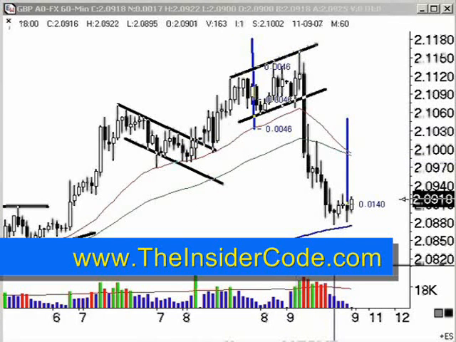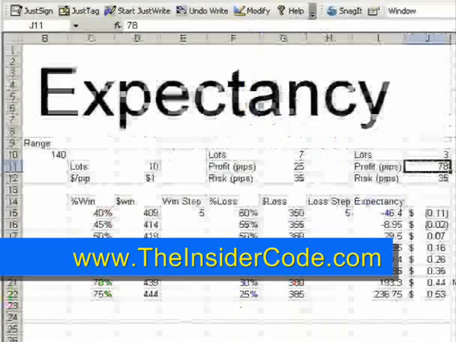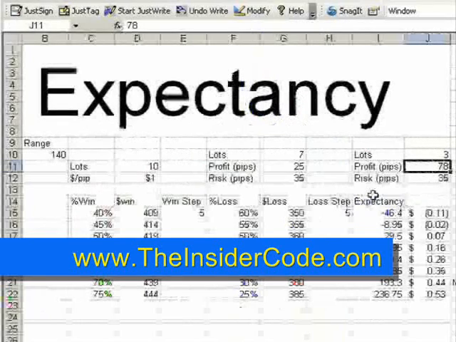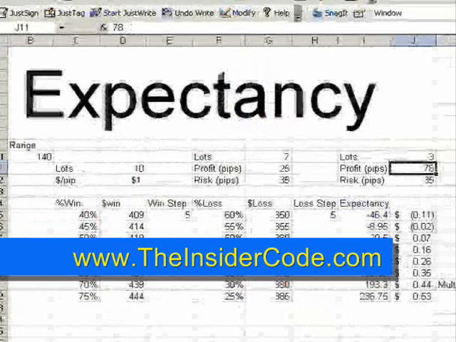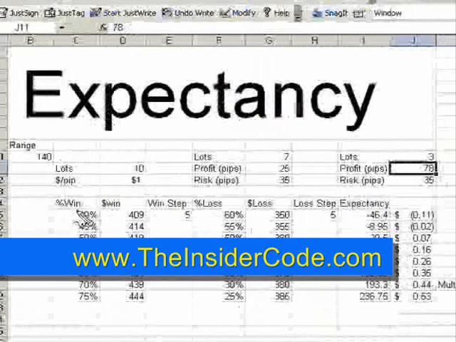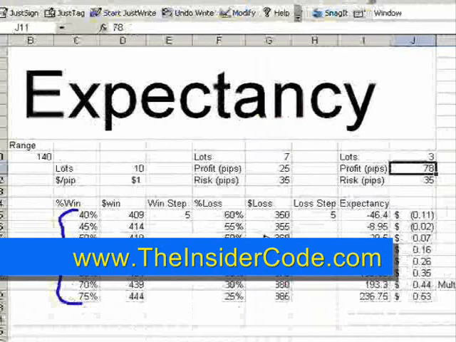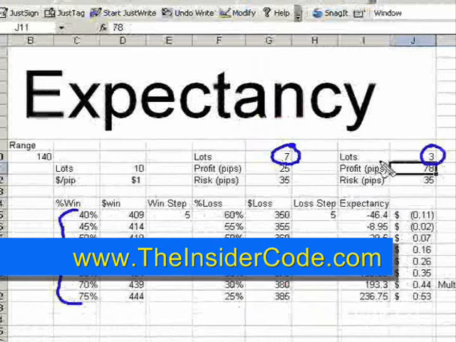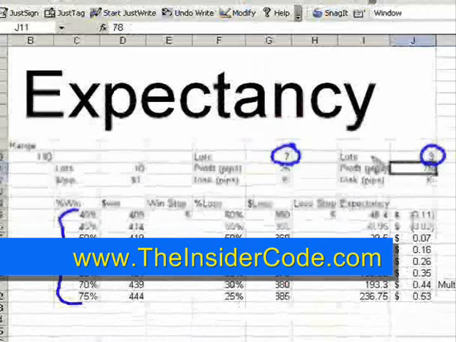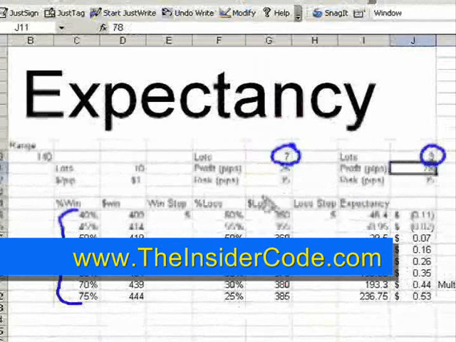Well, first of all, let's take a look at the expectancy. And since we really don't know what the percentage win is going to be on this single trade setup, let's take a look at some of the worst case scenarios. All right? Let's look at putting on 10 lots, whether this is 10 minis or 10 regulars or 10 micros, it doesn't matter.